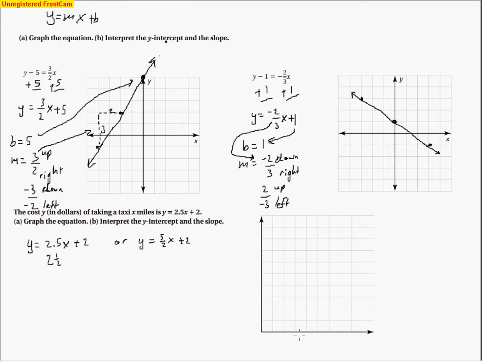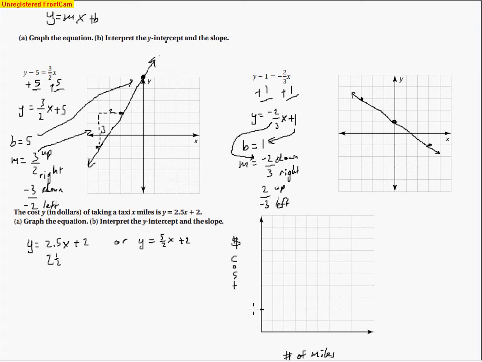But before we do that, we have to label our graph. And so this x-axis represents the number of miles. And the y-axis represents cost. So this is in dollars here, and this represents the cost. And so we're going to go up by 1s in this case.